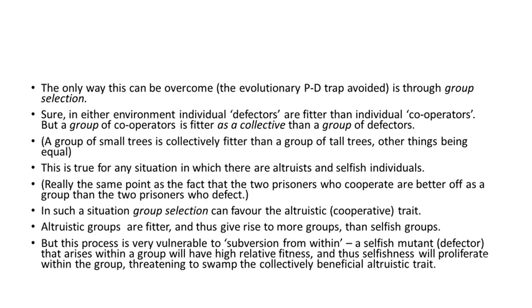So arguably the only way this can be overcome, and perhaps this is what's happened in the case of the birds, the only way the evolutionary prisoner's dilemma trap can be avoided is through something like group selection. Sure, in any particular environment we're talking about, individual defectors are fitter than individual cooperators.